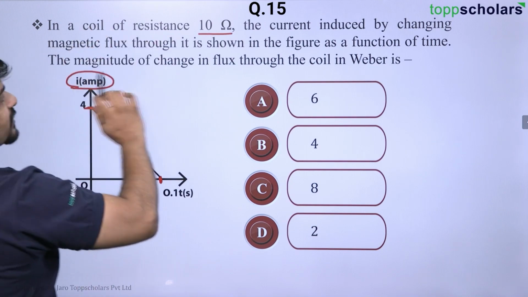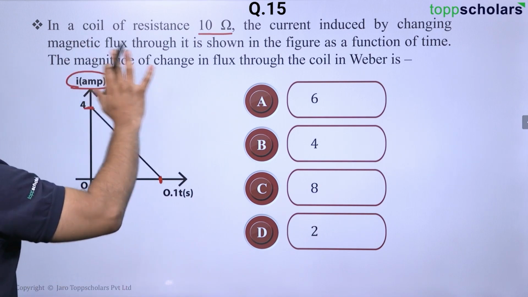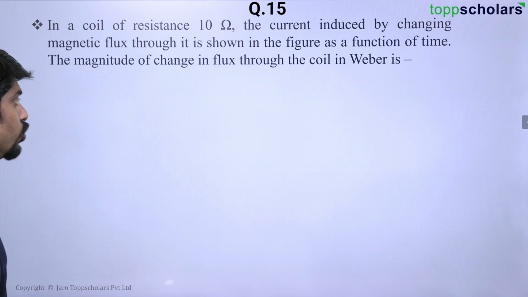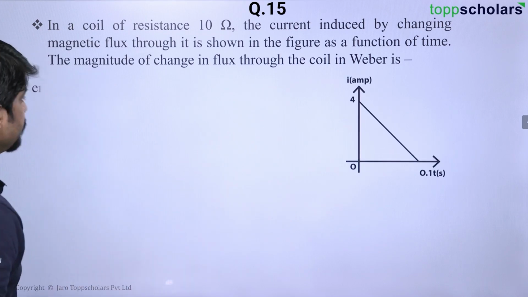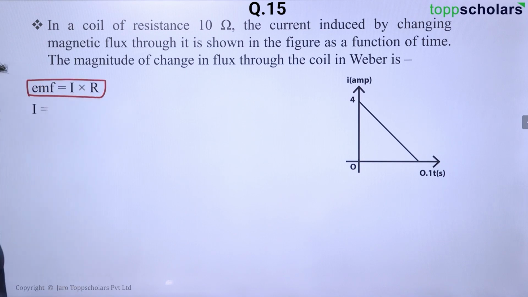Over here a few things are given, like the resistance, so we can find out the change in flux. Let's look at the solution. Here is the diagram. Then we know EMF is equal to I into R. This is the standard formula.